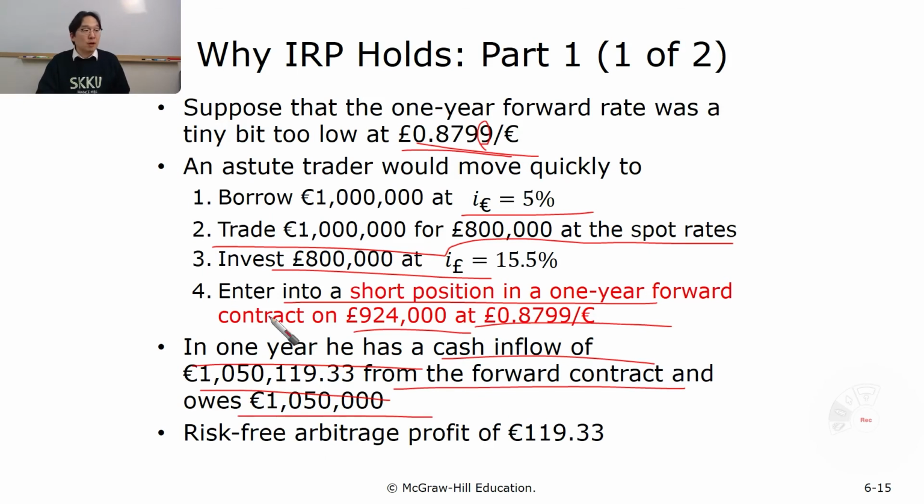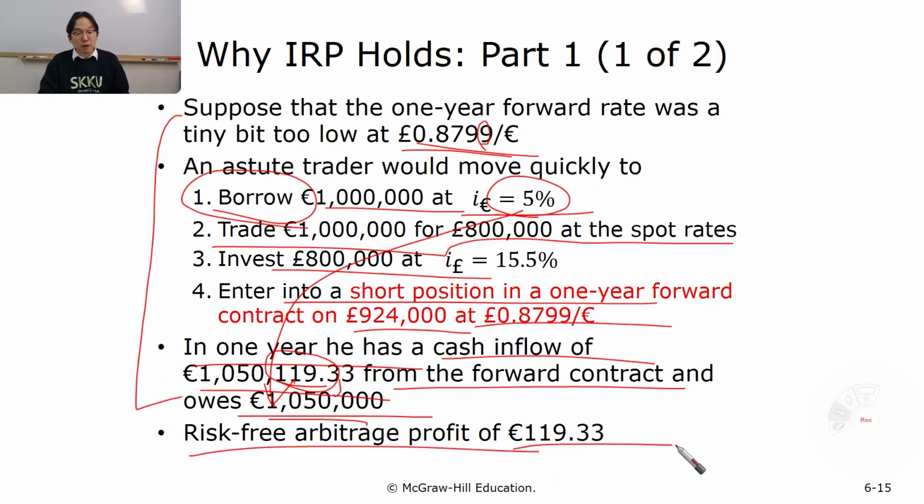And remember, in the euro market, he only owes 1.05 million euros, because he borrowed 1 million at 5%. And you see this discrepancy over here. What you get using this British pound route is more money in your hand, right? You're locked in this kind of risk-free arbitrage profit of 119 euros, with this tiny bit of difference.